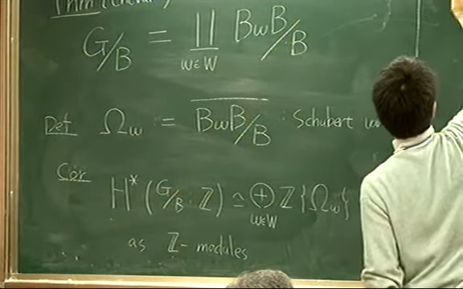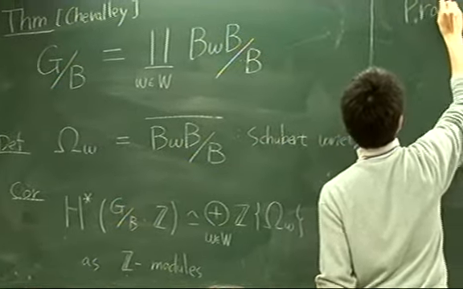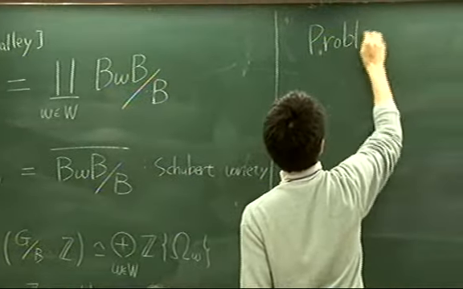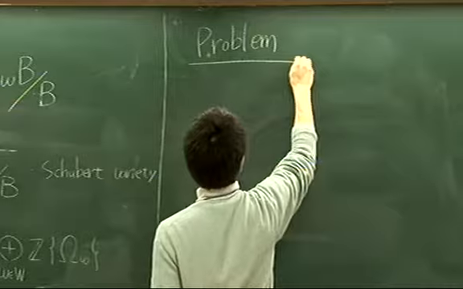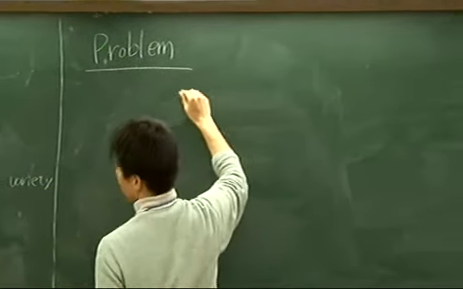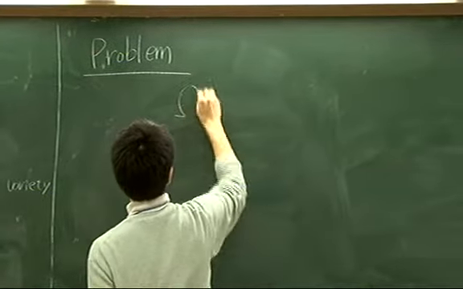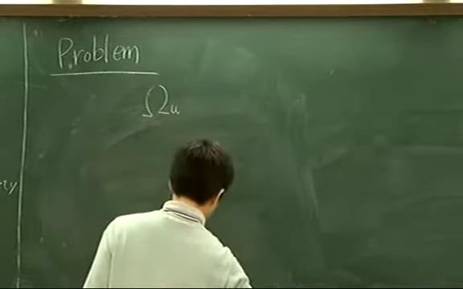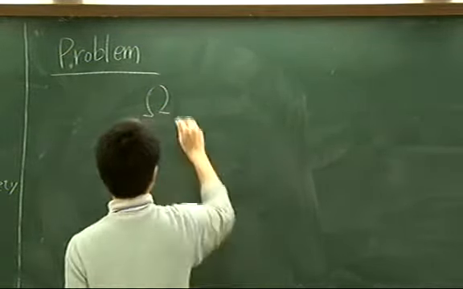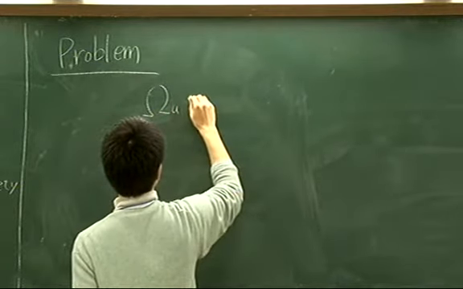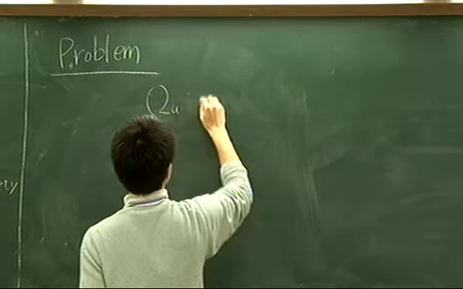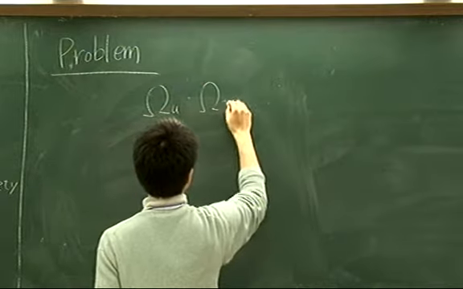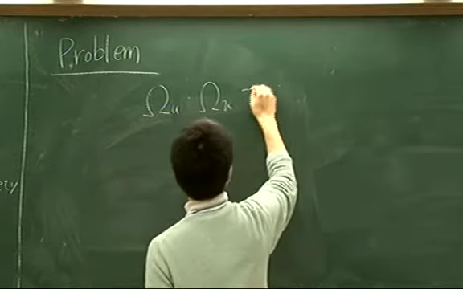So the problem here is again how to compute the cup product of two Schubert varieties.